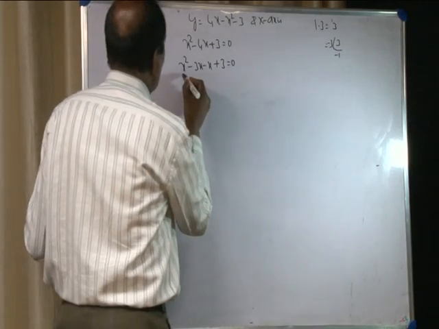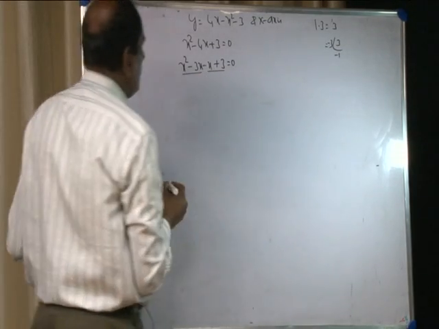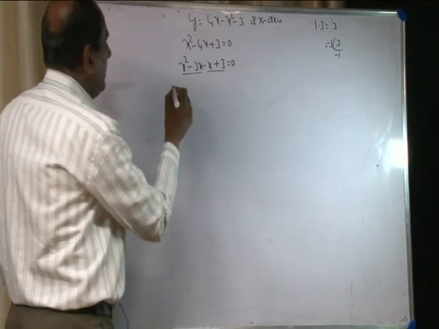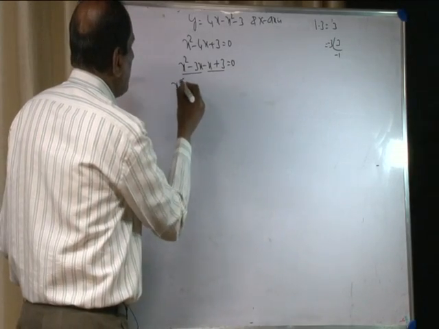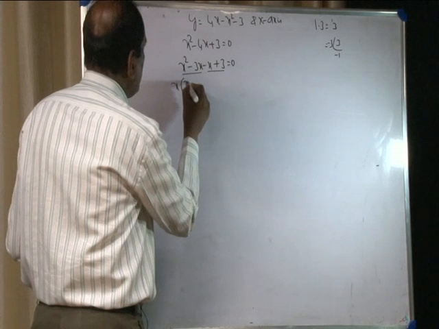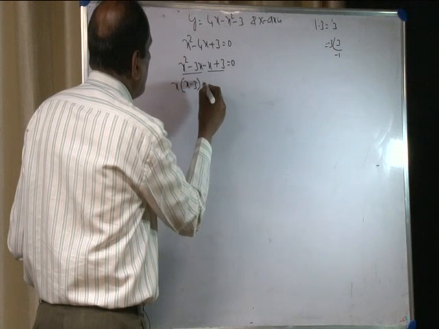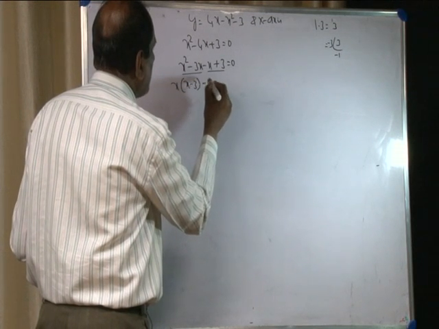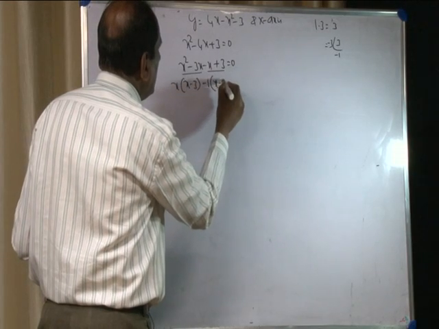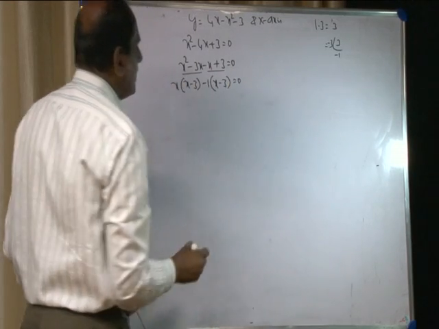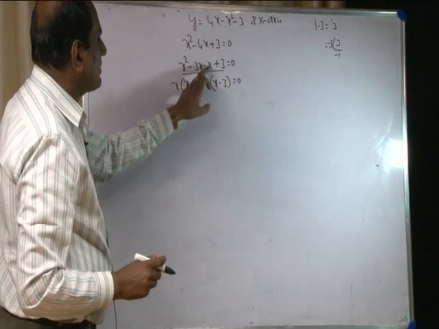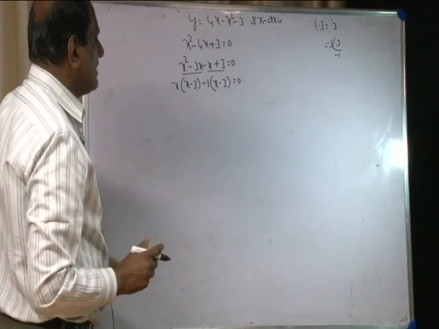Now, make two groups, first group, second group. In the first group the common factor is x, giving x minus 3. In the second group, minus 1 is the common factor, giving x minus 3 is equal to 0. See here, minus 1 into x, minus into minus plus 3.